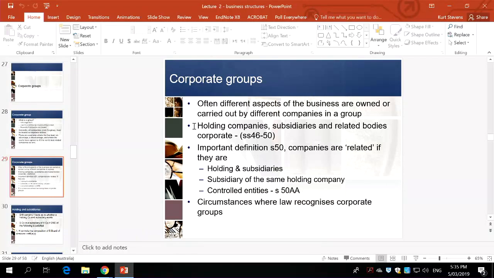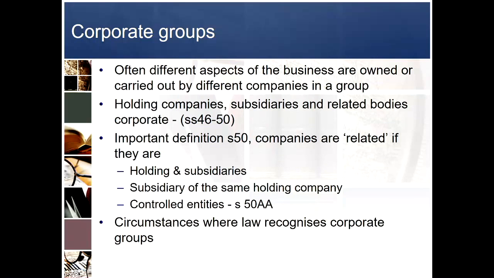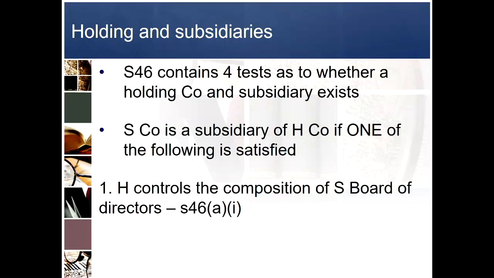The test we'll look at now is the holding subsidiary test. The holding subsidiary test is a little bit more mathematical, I guess, whereas the other one is more qualitative rather than quantitative. There are four elements to the holding subsidiary test.